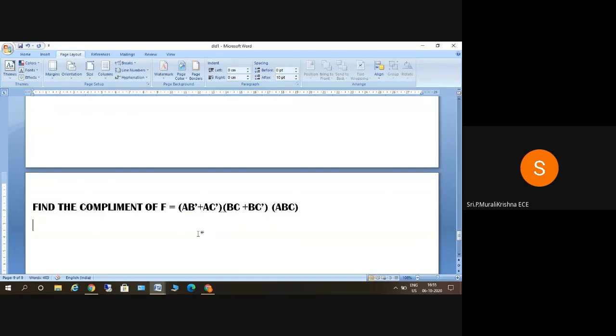So find the complement of this function. Generally we use the dual, but sometimes go for the simplification, because if I get a 0, the complement of f is 1. So that is also a method.